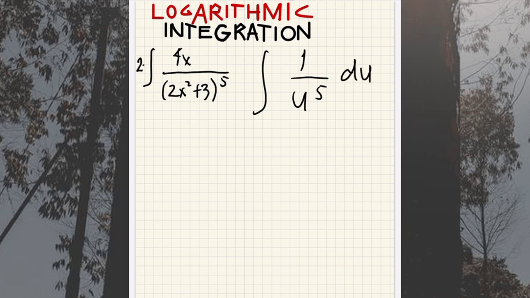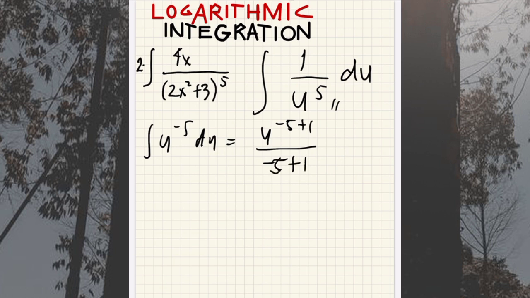Next we have to integrate in terms of u. In this case, we can use the power rule, so it becomes u raised to negative 5 du. So u raised to negative 5 plus 1 over negative 5 plus 1 plus c.